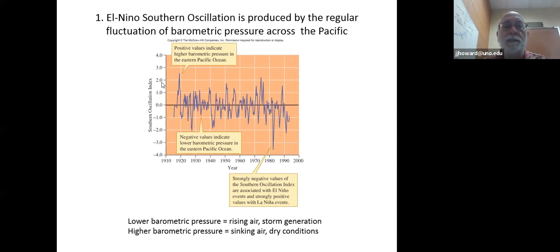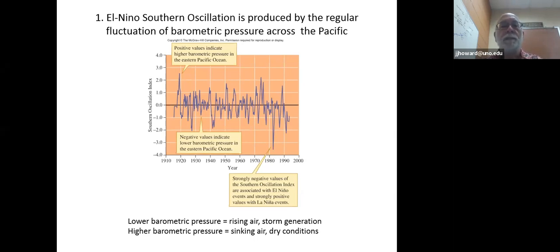When it's positive, we have high pressure near Peru, sinking air, right? And that means that rising air is over by Australia. The warmest rising air on the face of the Earth, in fact, is in this tropical Pacific Ocean area.